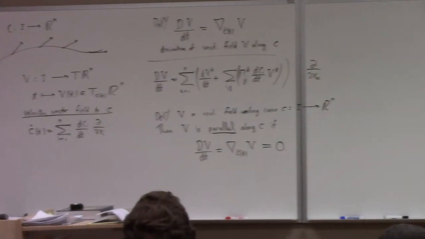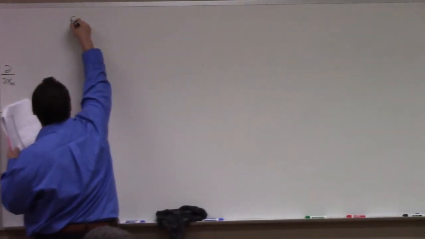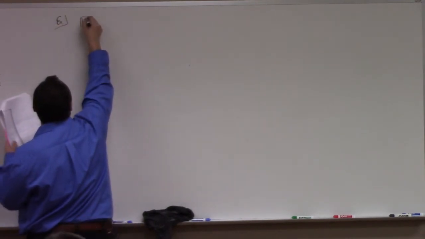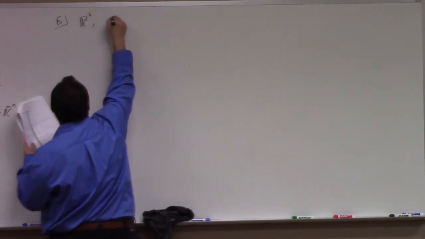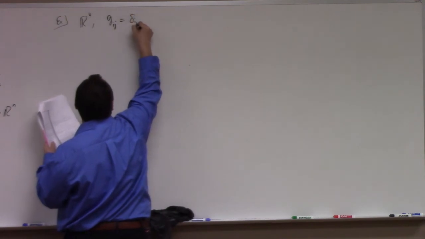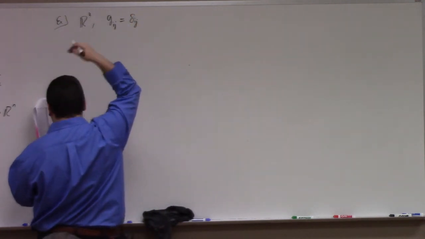But great, you've got an example that makes you feel better about your life. Take R2 with g_ij equal to delta_ij, Euclidean R2, the standard Euclidean metric.